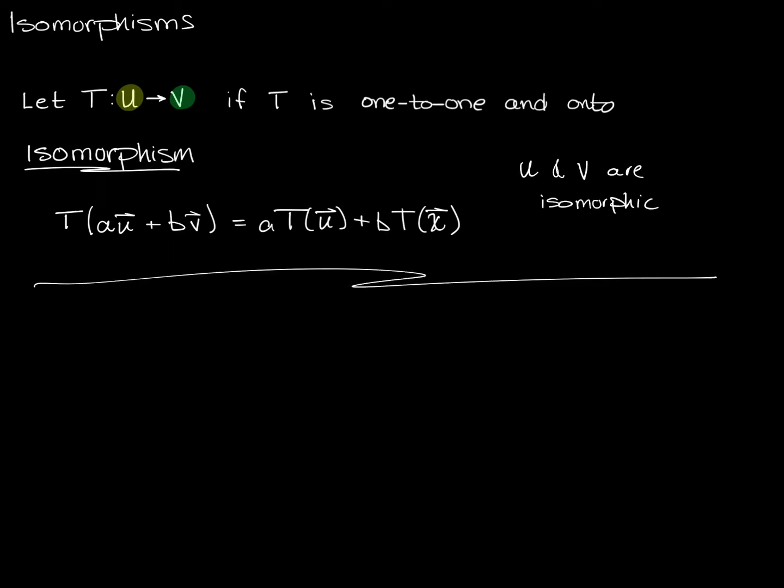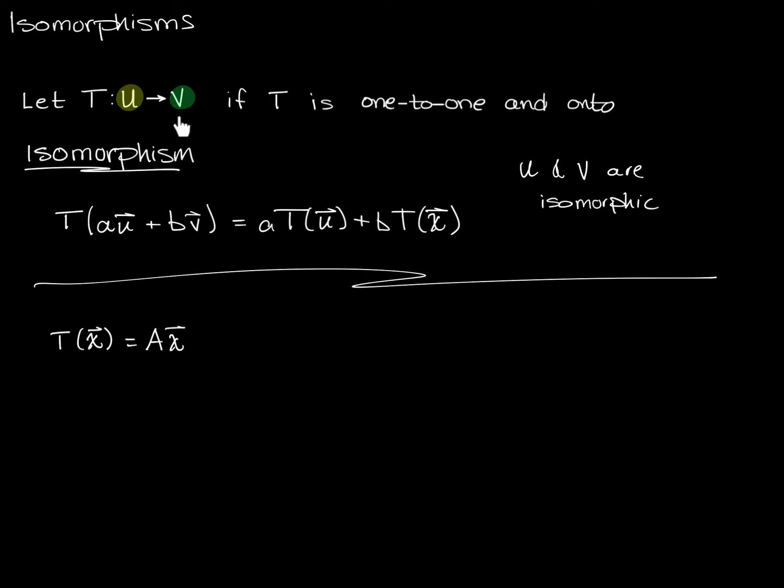If your transformation happens to be something that looks like the examples we were working on in the previous video, where the transformation is executed by multiplying an input vector from the left by a matrix, then it's really easy to test whether this transformation is an isomorphism, because all you have to do is check whether this matrix is made up of linearly independent columns and whether those columns span the codomain.